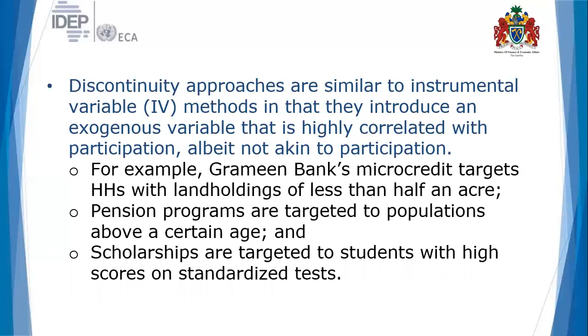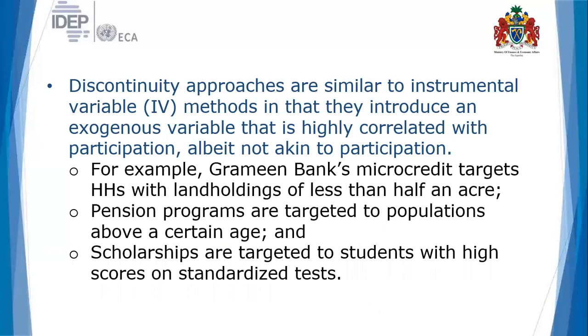For example, there's the Grameen Bank microcredit program, which targets households with land holdings of less than half an acre.